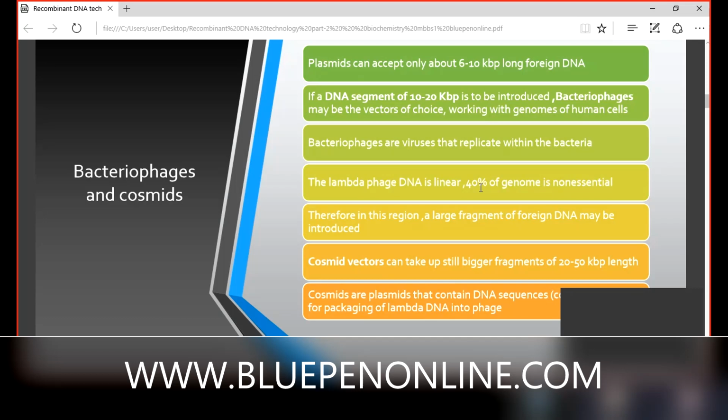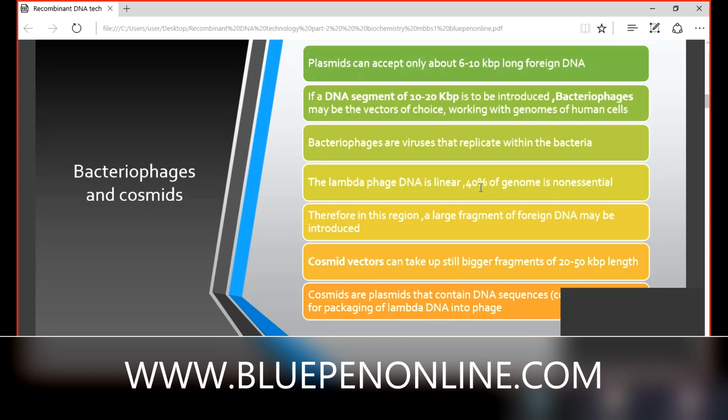The most commonly used bacteriophage is lambda phage. We use lambda phage because 40% of its genome is non-essential, so we can easily introduce our donor DNA or foreign DNA into that space.